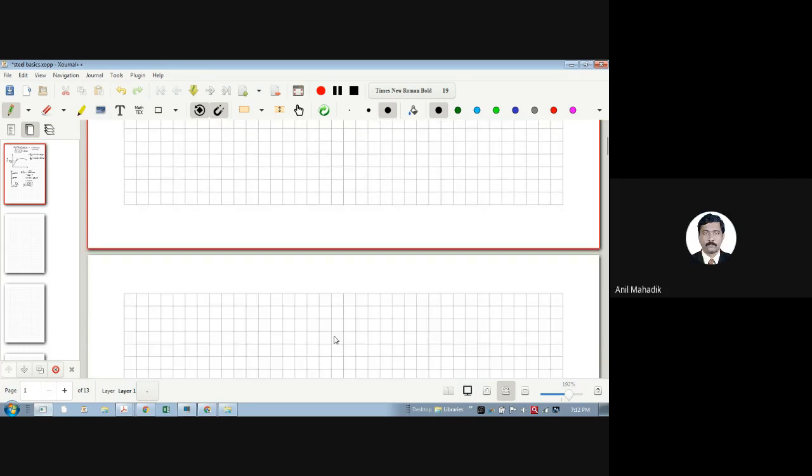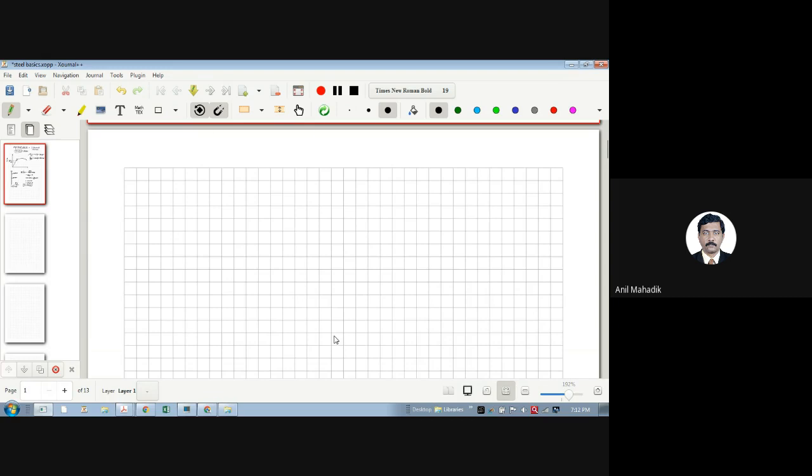And the next problem is similar, but here the force is given and we have to check whether the rod you have provided is safe or not. Let's say we have a rod under tension.